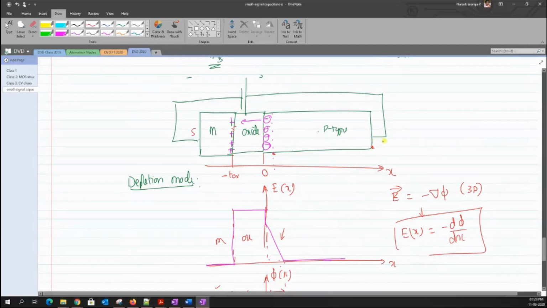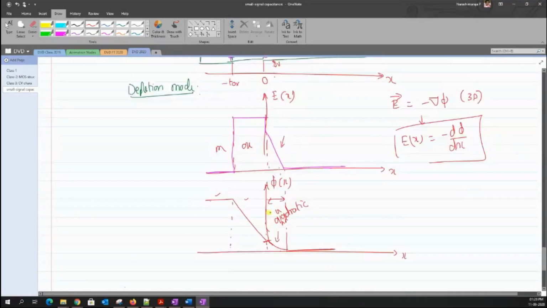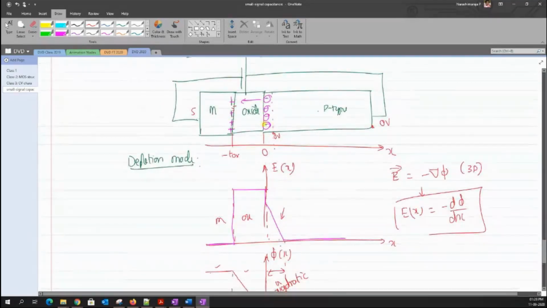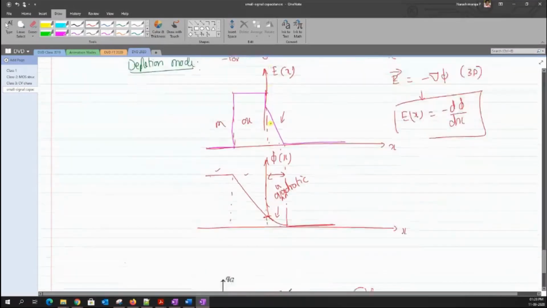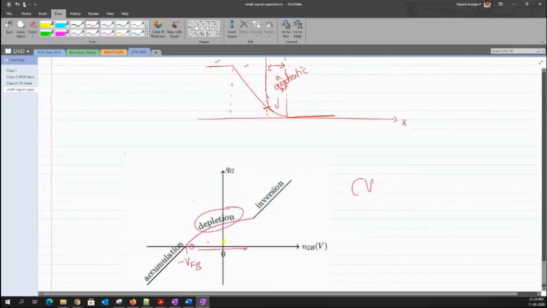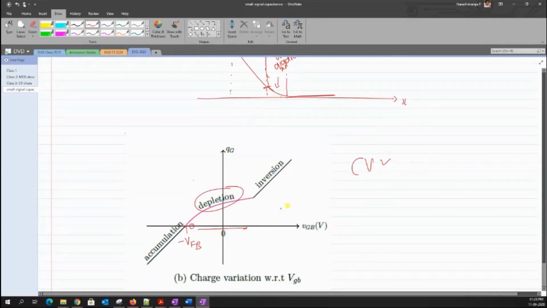So if I have a ground or a 0 volt, the same 0 volt appears exactly at the interface between the p-type semiconductor and the immobile ions, okay. But I will have some sort of potential, okay. So some potential would be there, and that potential difference would be quadratic with respect to the distance, okay. And it is because of this quadratic difference we are getting such a graph both for CV as well as QV graphs, okay.